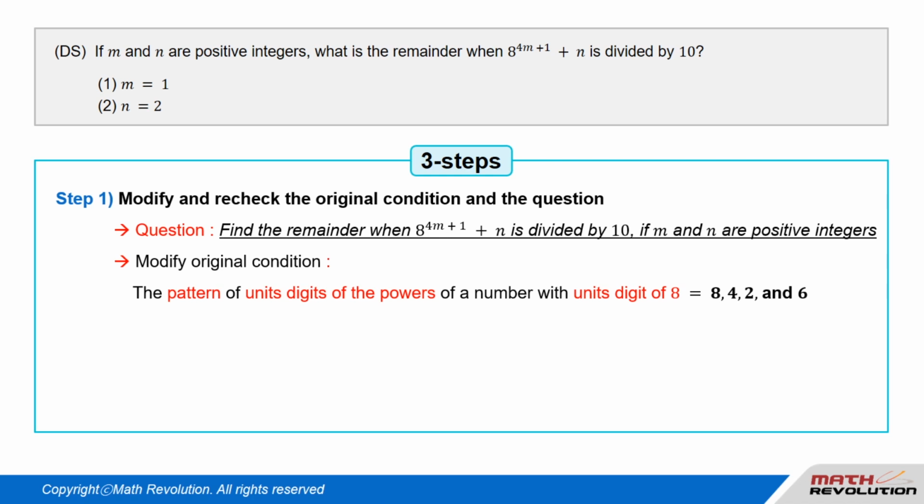Now, the pattern of the units digits of the powers of a number with a units digit of 8 is 8, 4, 2, and 6.